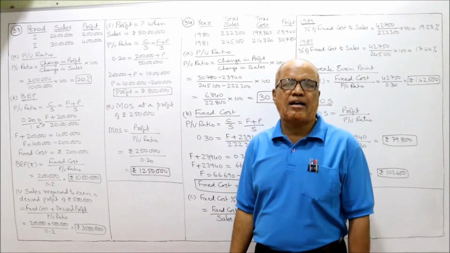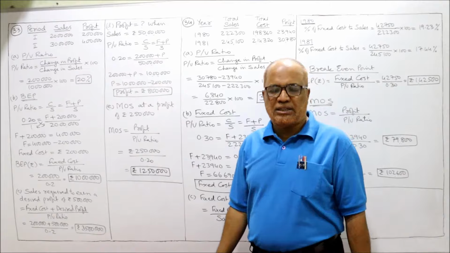In this problem, we are given the profit. So I am applying profit by PV ratio. Profit 2,50,000 given here. PV ratio already we have calculated 0.2. So 2,50,000 by 0.2, 12,50,000 is the MOS, margin of safety.